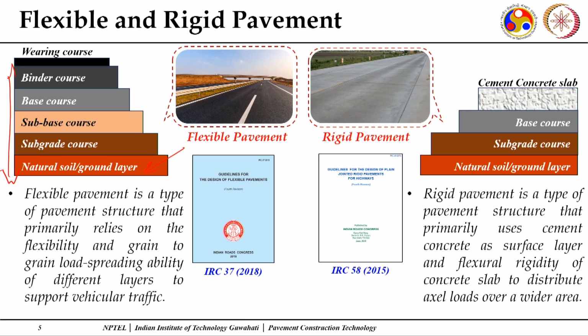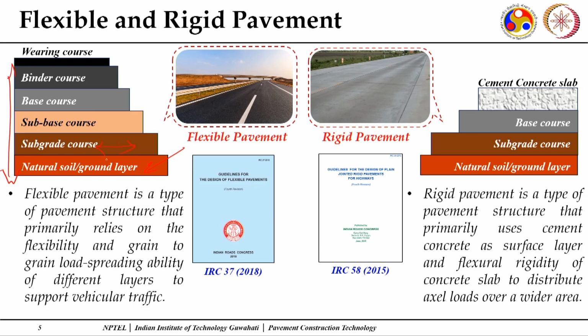Before that, I will make a subgrade of selected soil. This selected soil may be the existing nearby soil, or soil collected from a borrow area, or existing soil stabilized through some method. That forms your subgrade course.